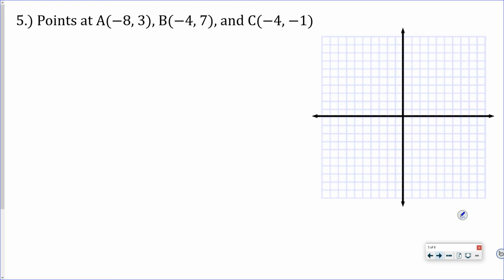Negative 8, 3 is point A. Negative 4, 7 is point B. And negative 4, negative 1 is point C. So they didn't even give me my full circle here. So if you connect it in a curvy fashion, which you should be doing when you're graphing circles, I can see I have a semicircle here. I have about half my circle.